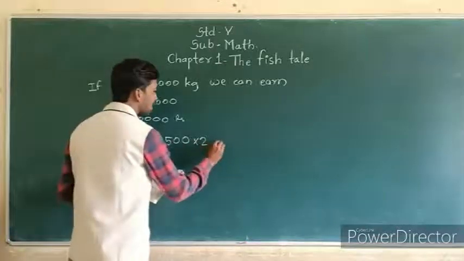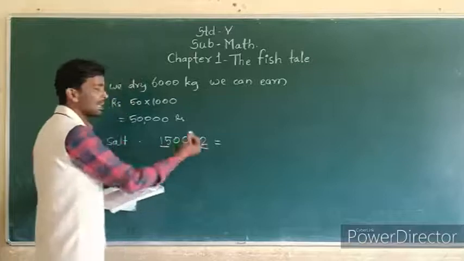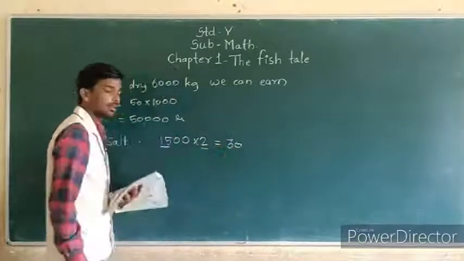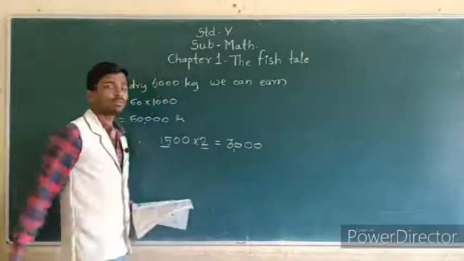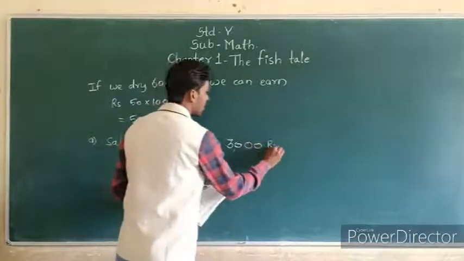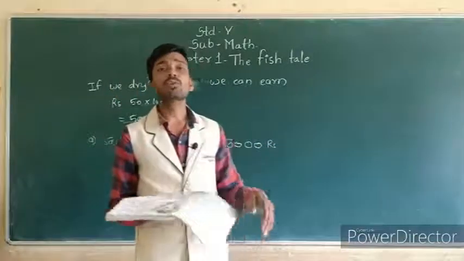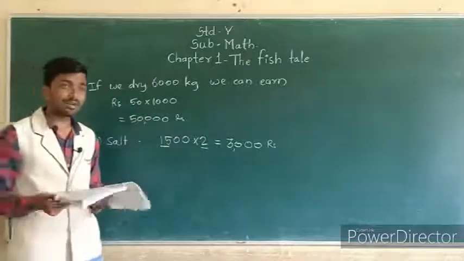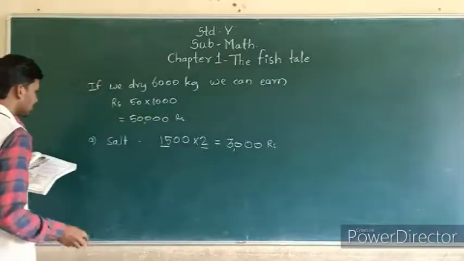You can multiply these two numbers, 15 and 2. 15 2s are 30. So I will write here 30. How many zeros? 2. Means your answer is 3,000 rupees. Means in 1 month they pay 3,000 rupees for salt.